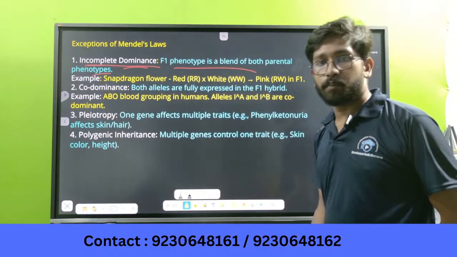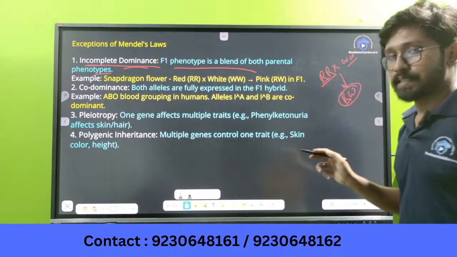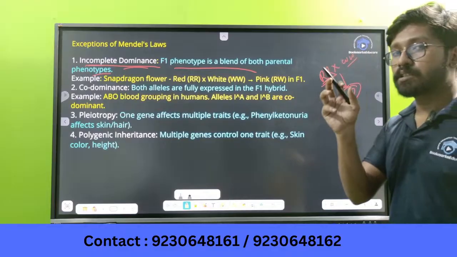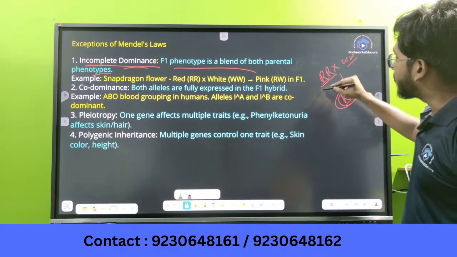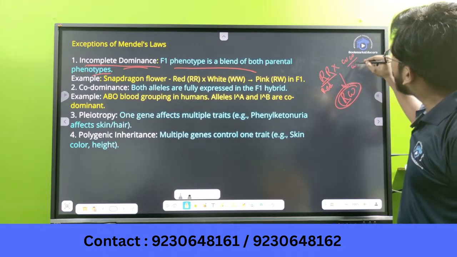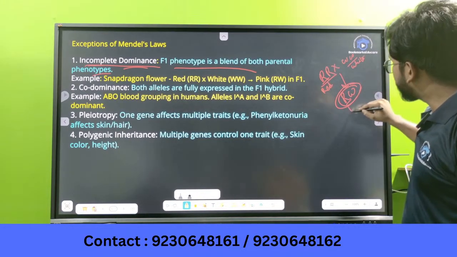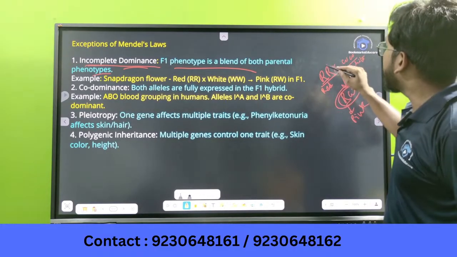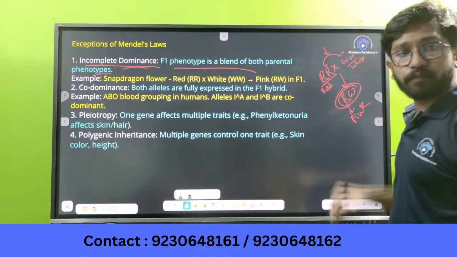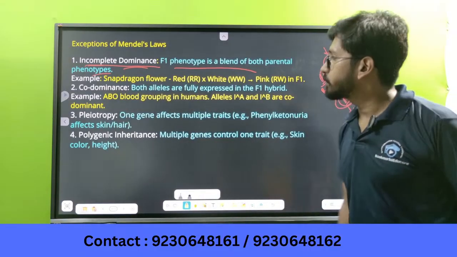That is why it is an exception to Mendel's laws. In these, in some different situations, this will not become either red or white. Instead, this will become pink, as in an intermediate characteristic of both the colors. Got it?